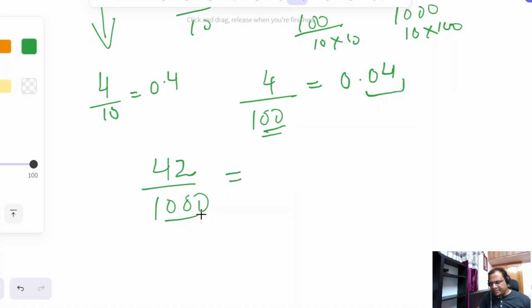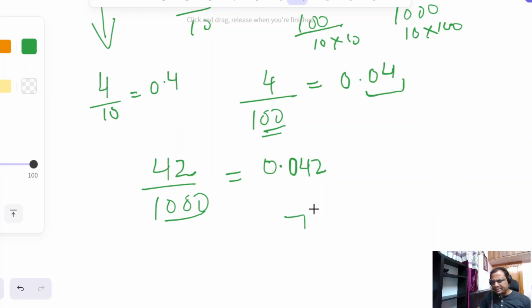Because there are three zeros, there should be three places after the decimal. So 4 2, two digits are already there, just add one more, and that's how it is 0.042. If there are three zeros, there should be three places after the decimal.